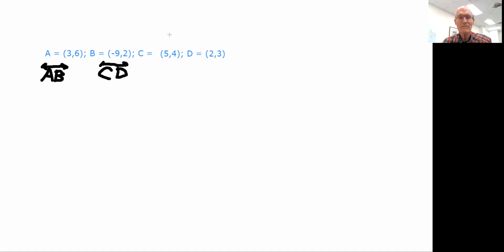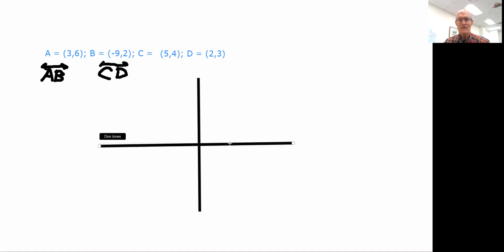That's not what we want. Okay, so we draw our axes. Here's our y-axis. Here's our x-axis. Now, when you do something like this, you plot your points. You don't have to sit there and measure them off. It just has to be roughly accurate.